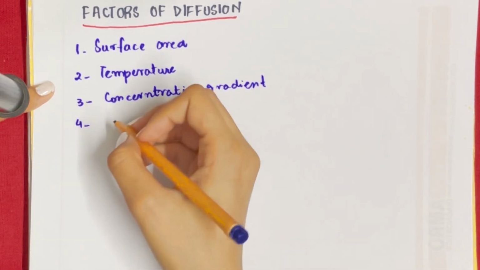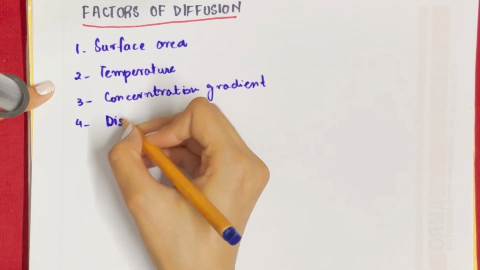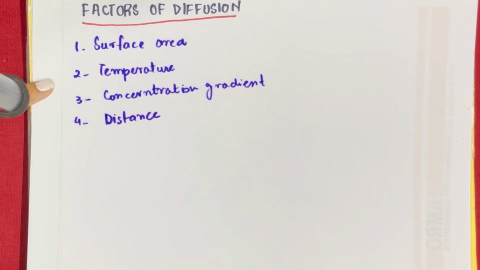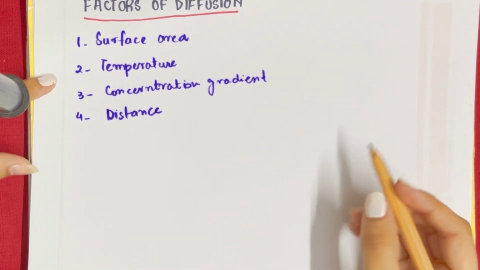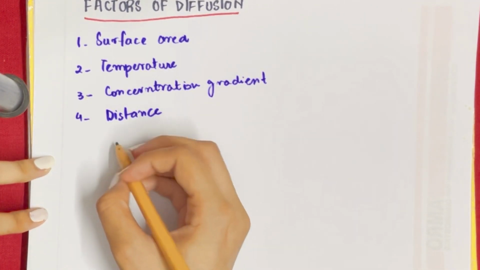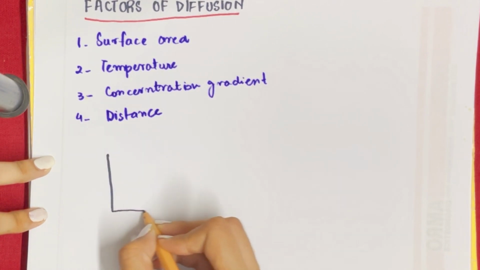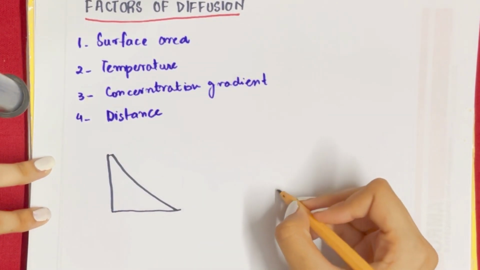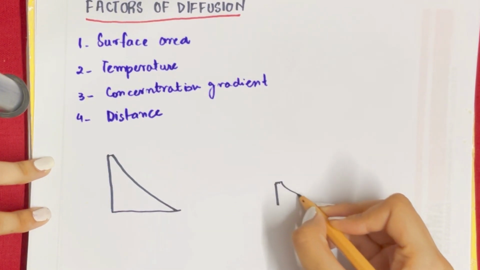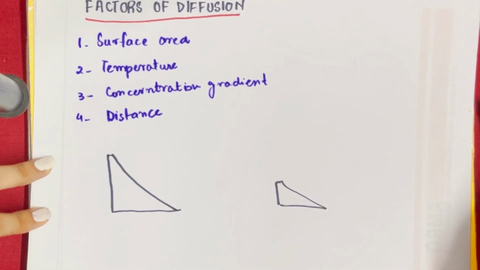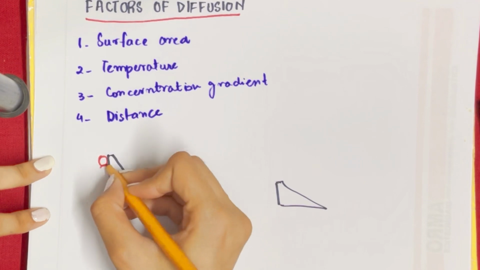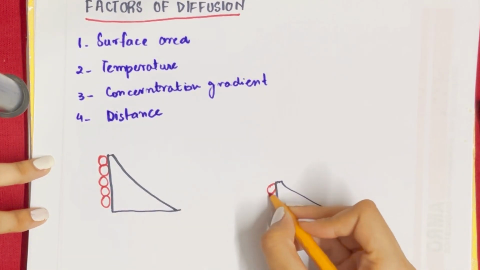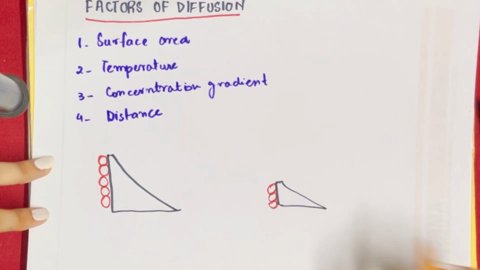I'll make one diagram with the help of which you will be able to understand all of the factors of diffusion. Let's make a diagram that compares two of them. Let's say this is diagram number 1 and this is diagram number 2. We have 5 molecules, and we have 3 molecules over here.